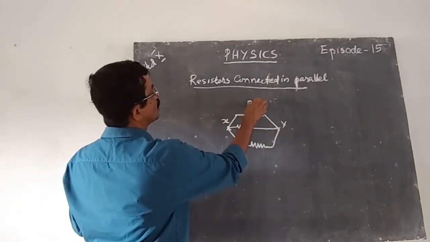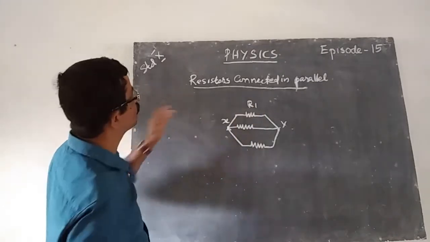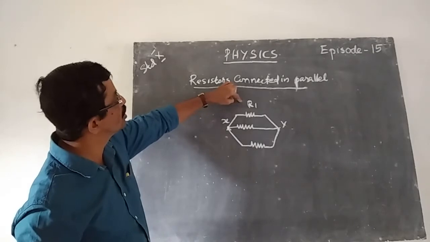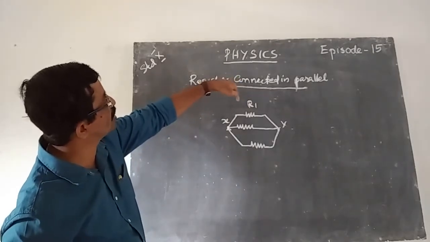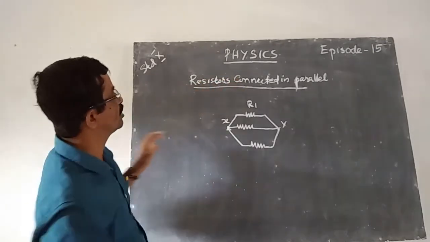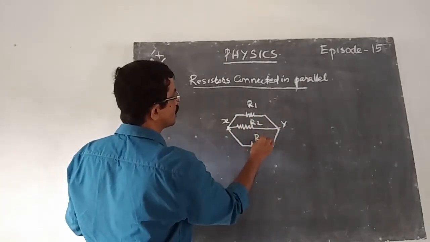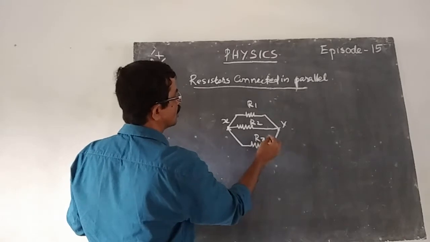The first resistor has resistance R1, the second one has resistance R2, and the third one has resistance R3.